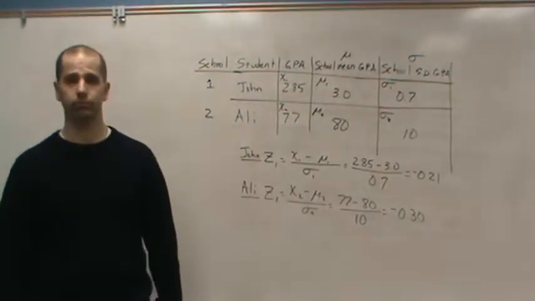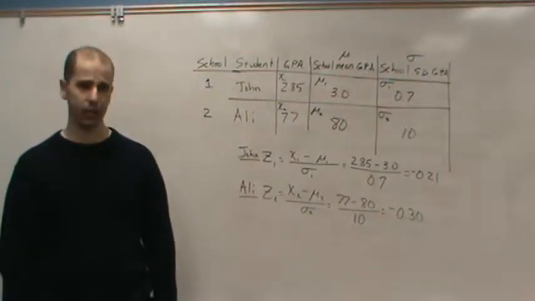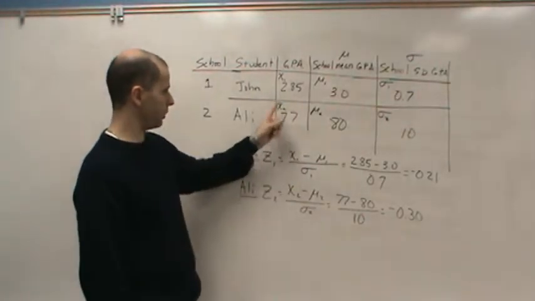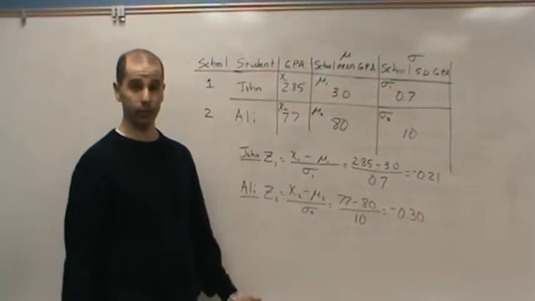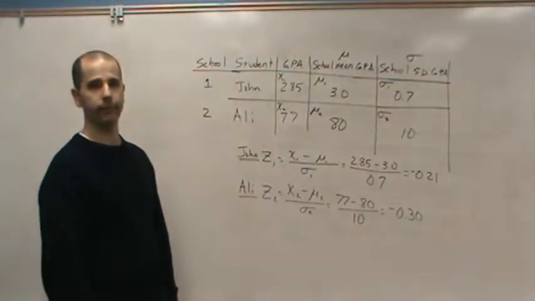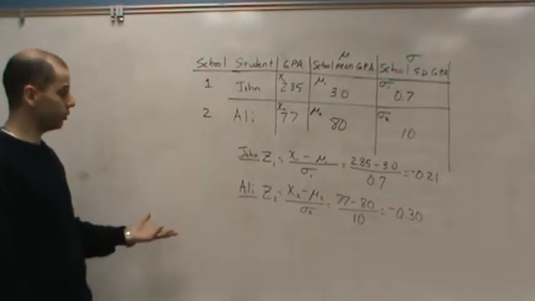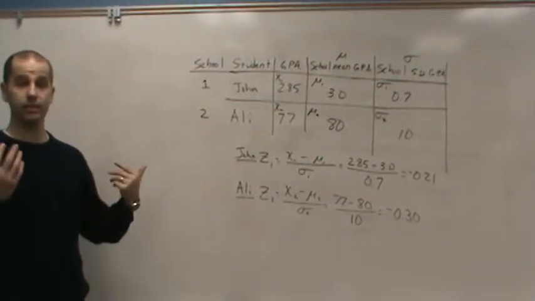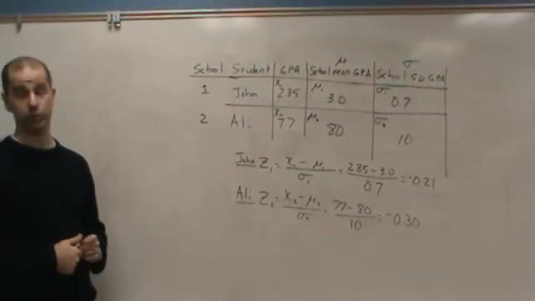John. Okay? Any questions? Now, notice how if we were just looking at the numbers, it would be very difficult to see who did better. But as soon as you change it to a z-score, it's obvious. So that's how we can utilize z-scores to compare different numbers, different people, different subjects.